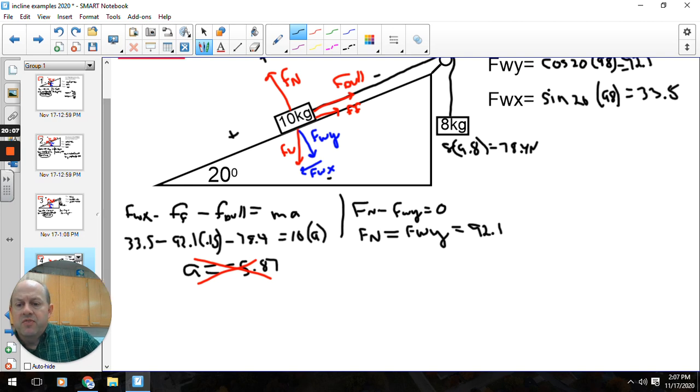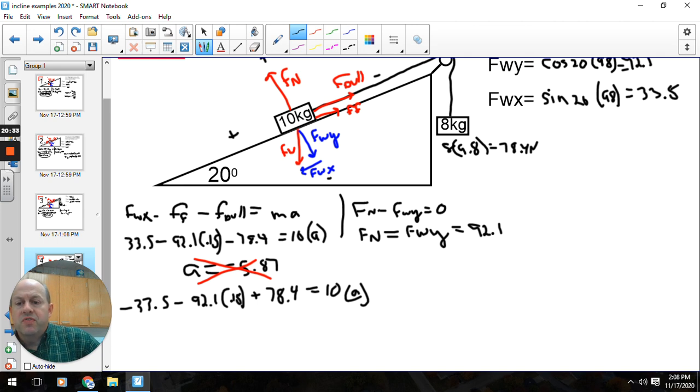So we'll flip this first sign, minus 33.5, keep the friction negative, minus 92.1 times 0.15, and then flip this next sign, so that's plus 78.4 equals 10 times A.